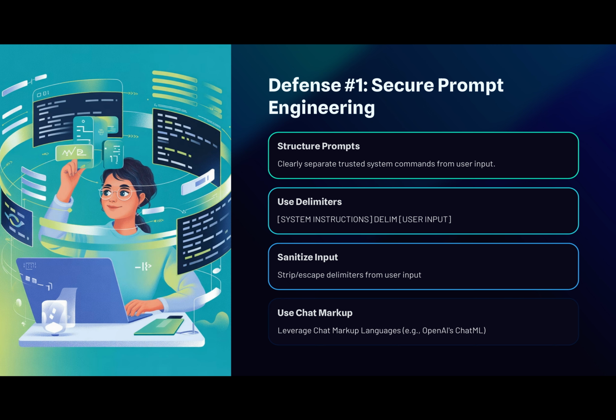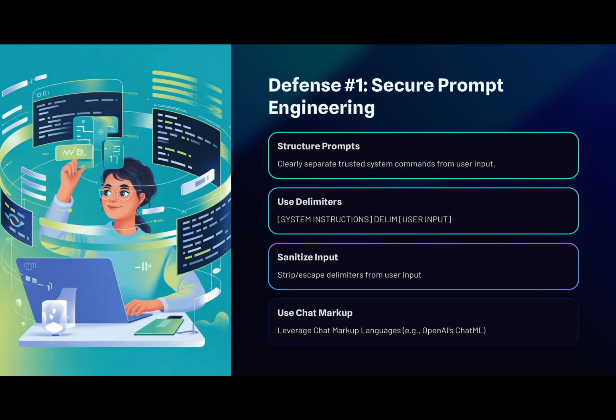To effectively defend against prompt injection attacks, secure prompt engineering should be our first line of defense. The goal here is to make a clear distinction between system commands and anything that the user provides. By structuring your prompts so trusted system instructions are always separated from user input, for example, by using distinct delimiters, you reduce the risk of a user manipulating the system's behavior.